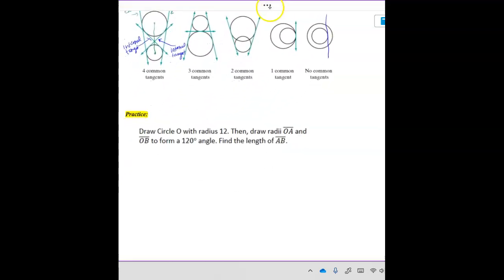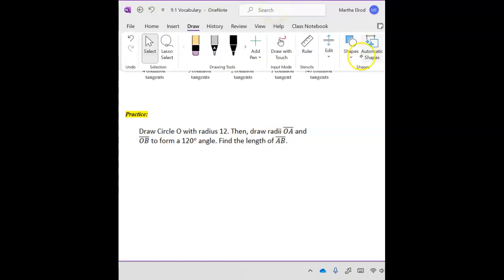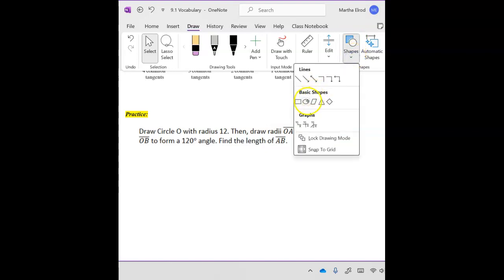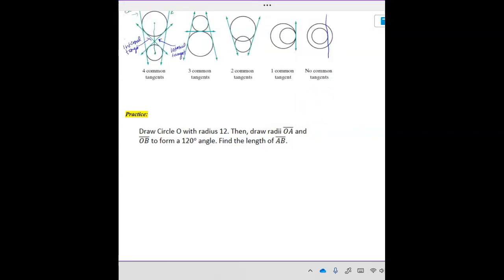So they say draw a circle with radius 12. If you go into the draw menu in OneNote, you can actually choose a shape, and it looks like an ellipse, but you can draw it to be pretty close to looking like a circle.